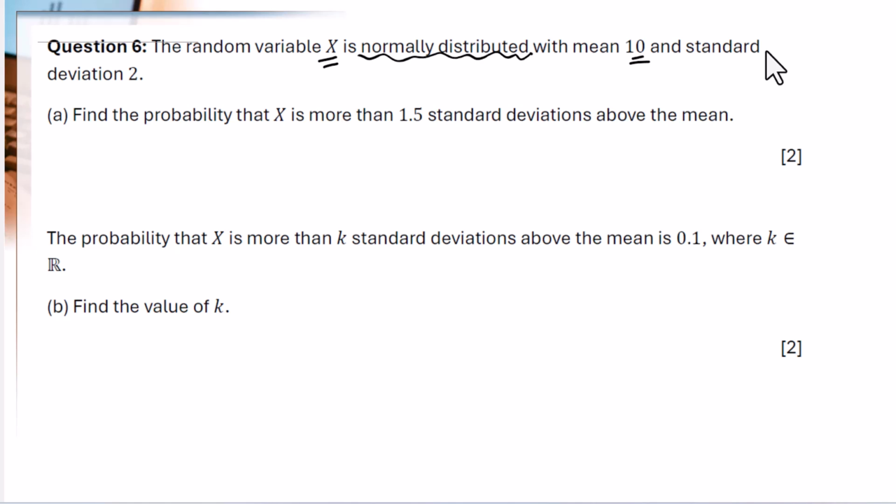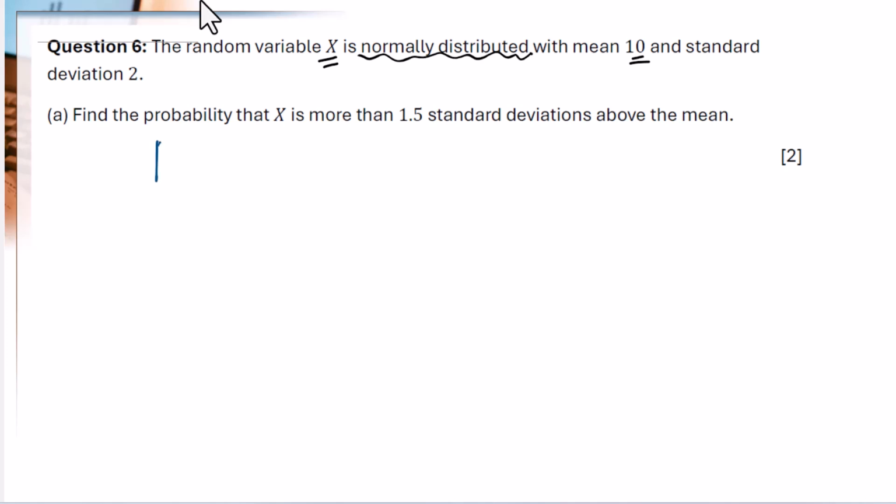Find the probability that x is more than 1.5 standard deviations above the mean, which means we need the probability of x greater than 1.5 times sigma plus mean, equals probability of x greater than 1.5 times 2 plus 10, which is 13.